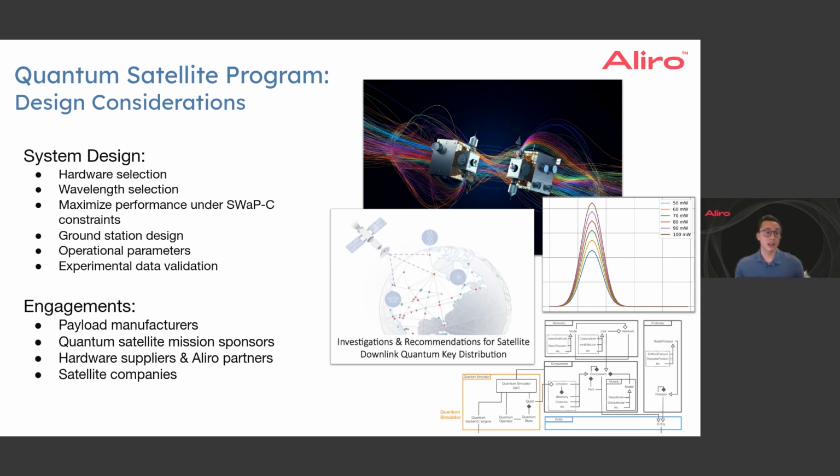And we do have engagements at Aliro with a variety of entities, both planning these missions, but also with our vast partners, both in the hardware space and satellite companies as well, that we can lean on to begin to break this problem down and start designing these systems and plan for the future as well. So simulation plays an extremely critical role in designing these systems and simulating these different scenarios and tests.